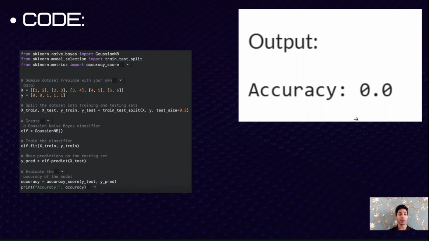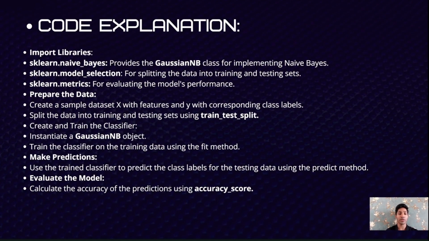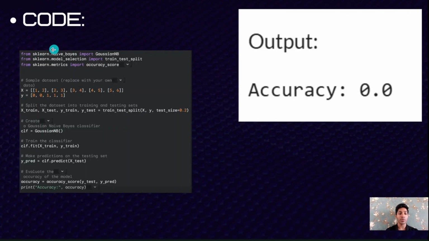Next we have the code for naive-Bayes classification. Here is the code and here is the output for the given code. And here is the explanation of the code, in which first we import several libraries: sklearn naive_bayes, which provides the GaussianNB class for implementing the naive-Bayes algorithm; second, sklearn model_selection for splitting the data into training and testing sets; third, sklearn metrics for evaluating the model performance.